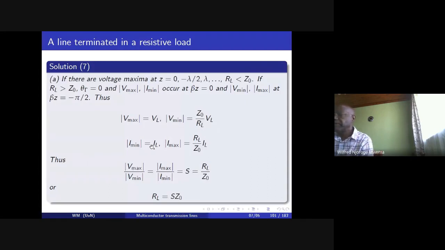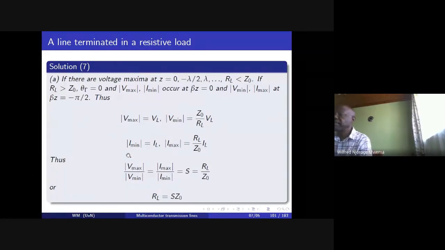And Imin is going to be the same as the value of the current IL, because for RL greater than Z0, we are going towards infinity, or an open circuited line. That is, the load is becoming larger, and therefore the current flowing will be the minimum current. And Imax is going to be given by RL divided by Z0 and multiplied by IL.